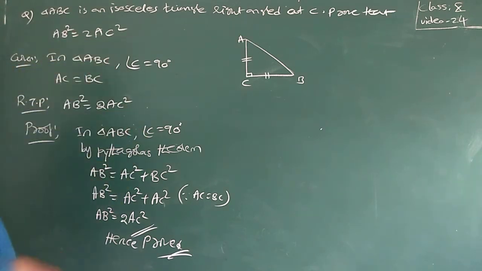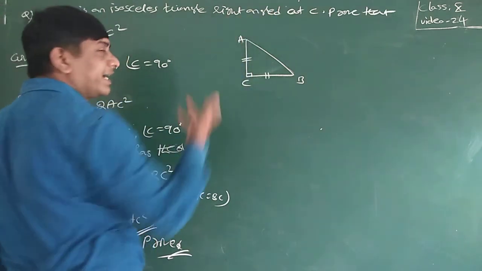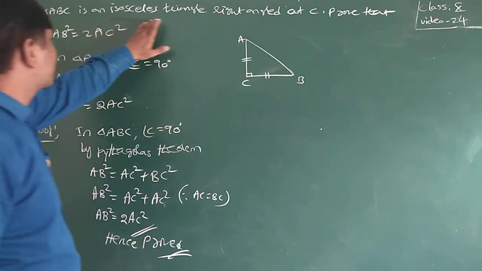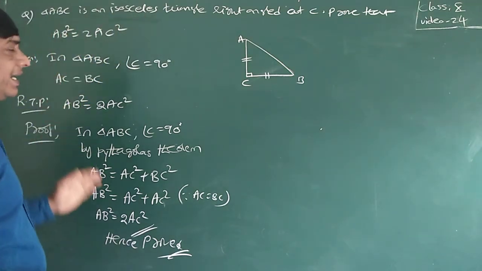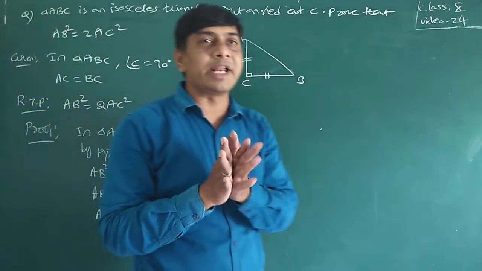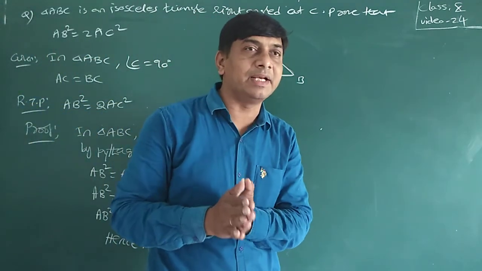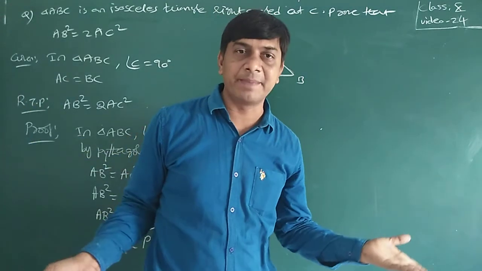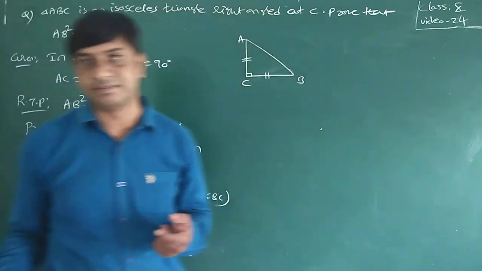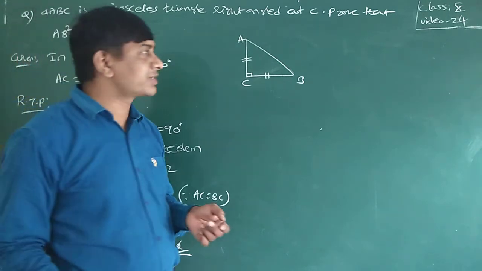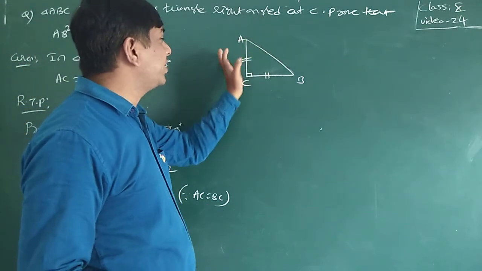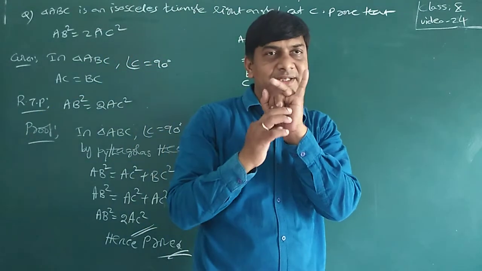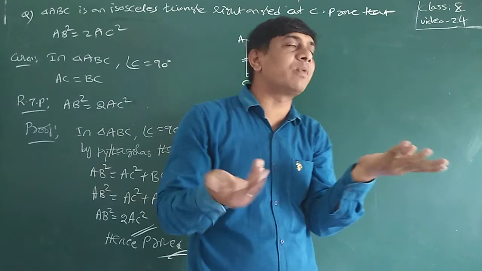In triangle ABC, angle C is 90 degrees because it is right angled at C. And one more thing is the word isosceles used. Isosceles is nothing but any two sides of the triangle are equal. Since it is a right angle triangle, definitely the hypotenuse can never be equal to any other side, because the hypotenuse is the longest side. Other than the hypotenuse, the remaining two sides are equal, because three sides are there, among those one right angle side will be eliminated. The other two perpendicular sides are equal.